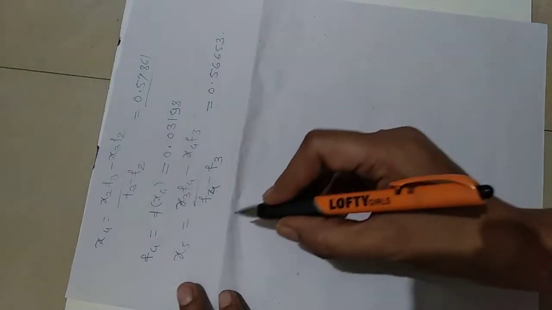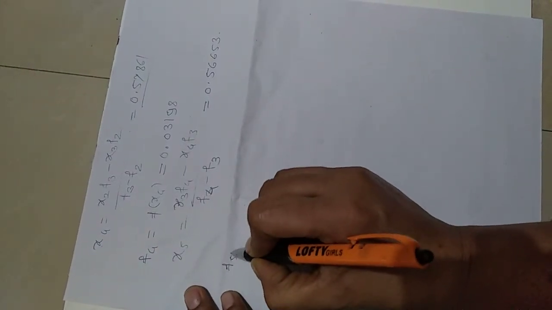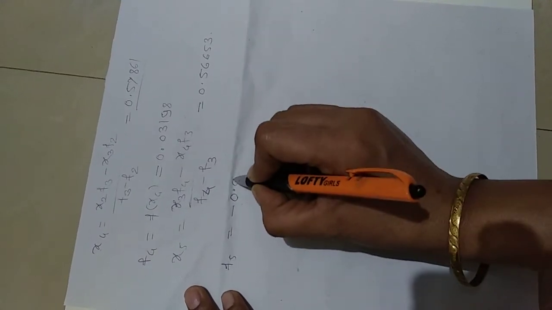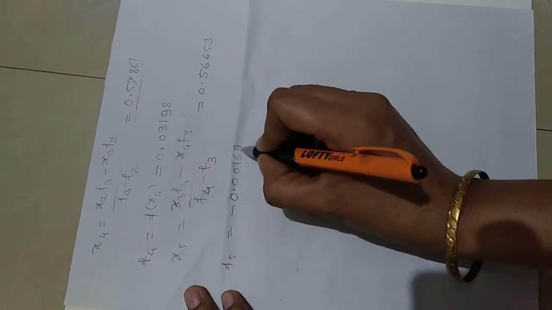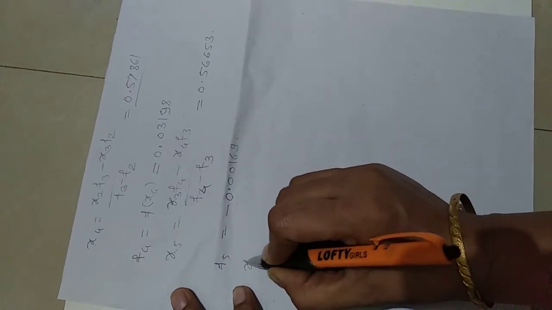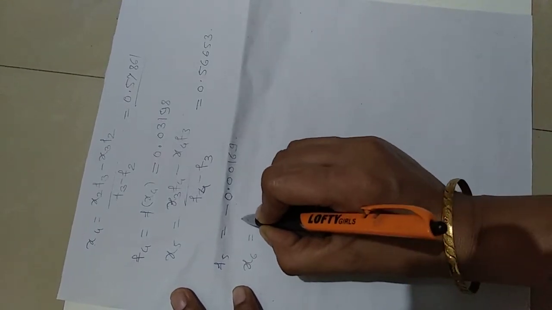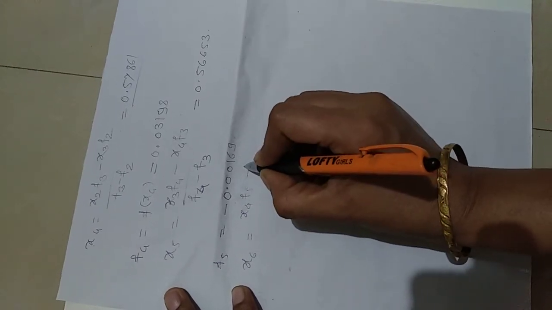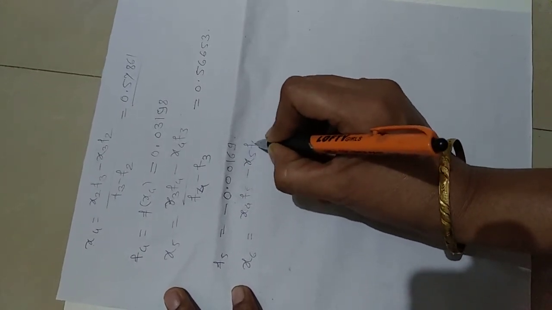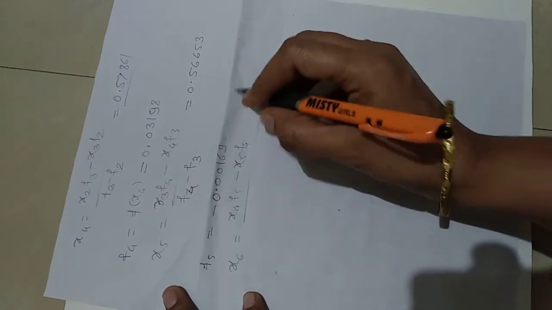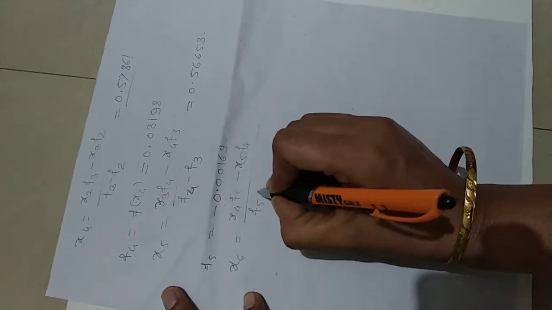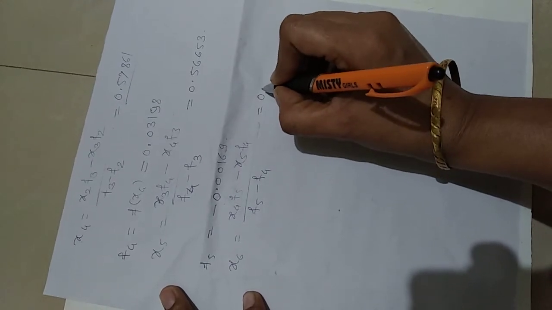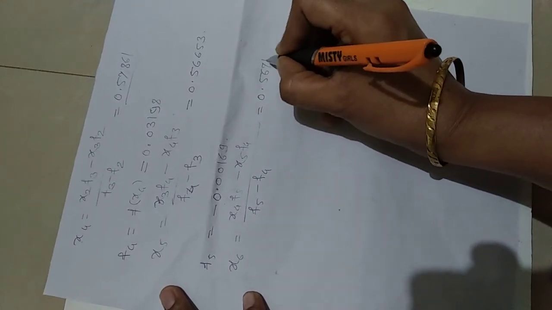And then find f of x5. f of x5 is equal to minus 0.00169. Then find x6. x6 is equal to x4 into f5 minus x5 into f4 upon f5 minus f4, that is equal to 0.56714.